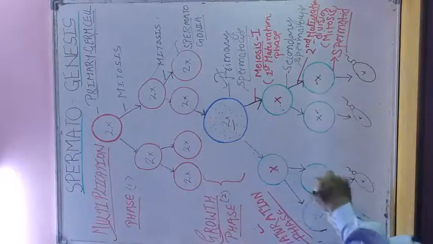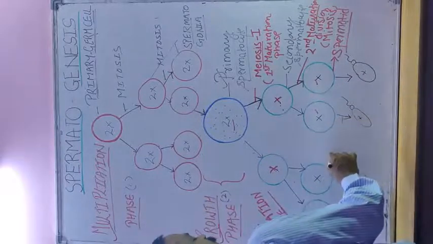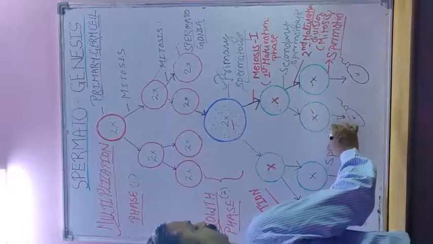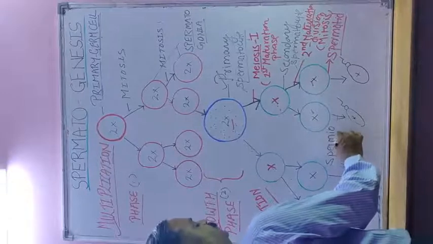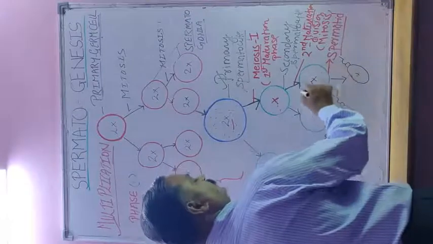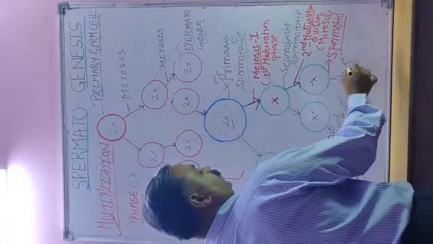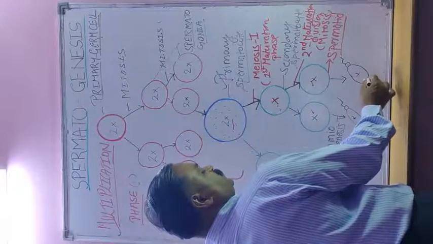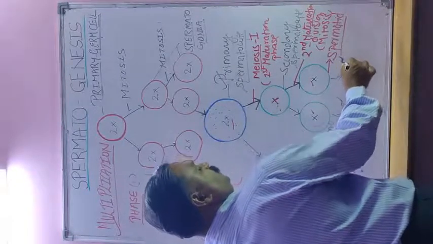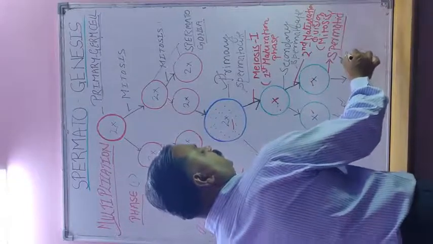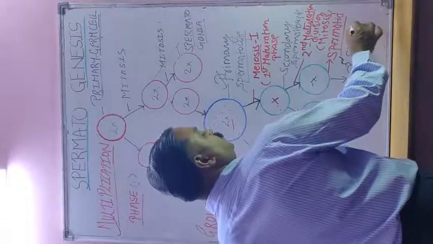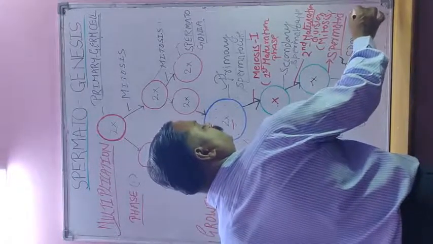So the spermatid goes through a process called spermiogenesis, in which the spermatid loses the circular shape and becomes a little bit elongated, and the acrosome develops, and the tail is also developed. And now this is not called a spermatid, but it is called a mature spermatozoa or sperm.